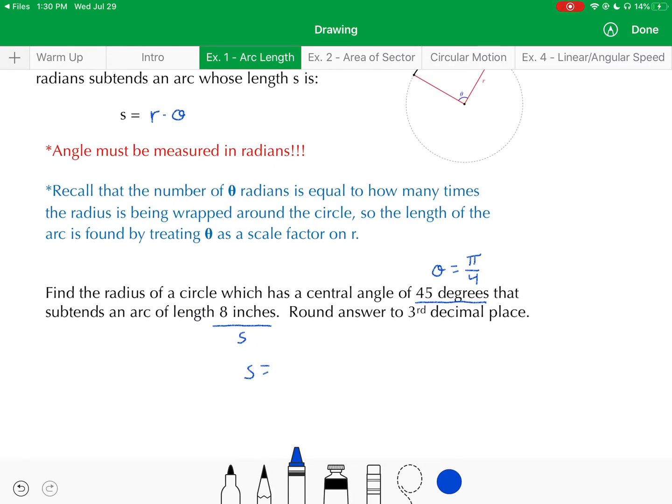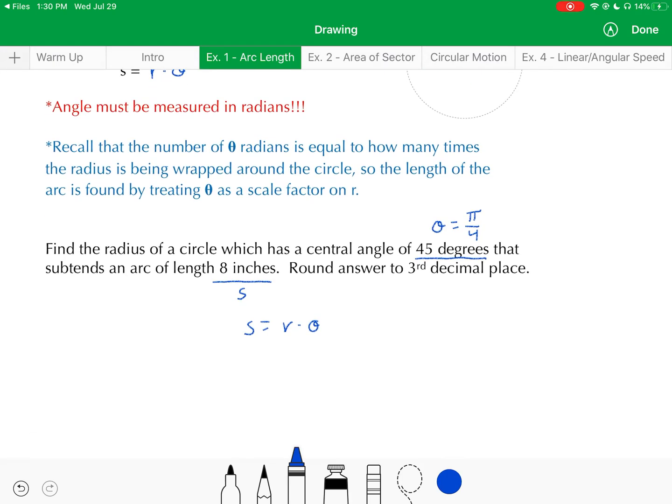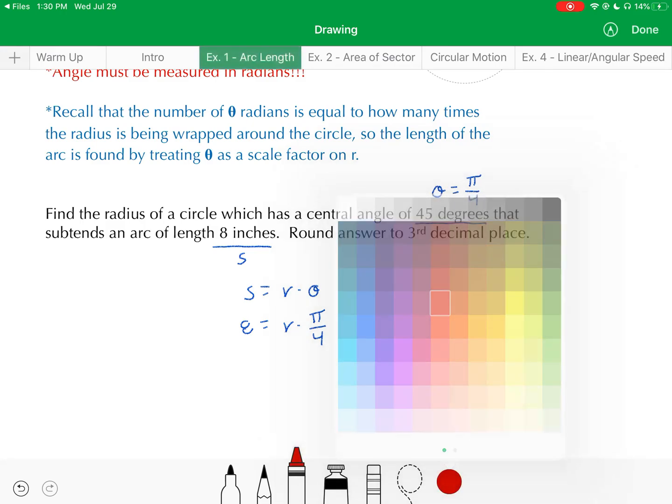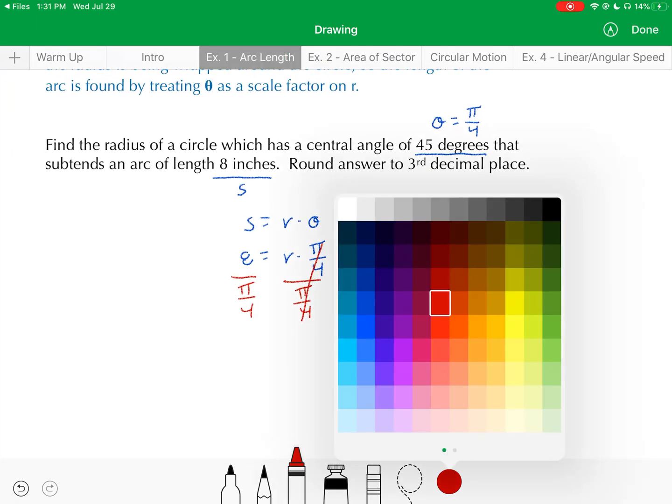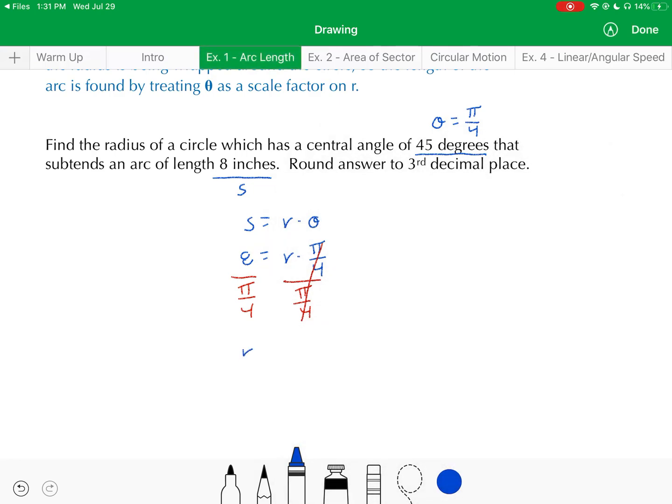All right, so if I want to find my radius here, utilizing the formula S equals r theta, S is 8, theta pi over 4. So of course, to solve for r, I'm going to divide both sides by pi over 4, or multiply by its reciprocal, and that should lead me to r equaling approximately 10.186. And this is a length, so the units here should be inches in this example.